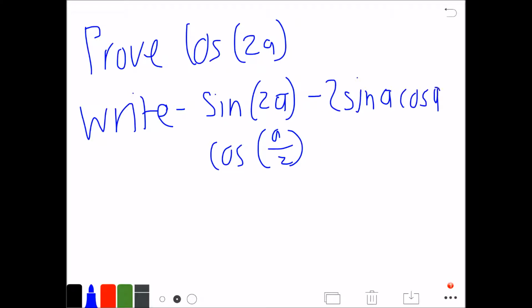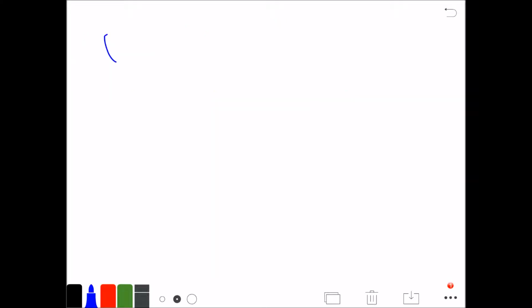And then the cosine of a over 2 is the plus or minus square root of (1 plus cosine a) over 2, right? So proving cosine of 2a isn't that bad. I'm not going to show you the whole proof because it takes forever, but I'll show you an overview of how you should get started.